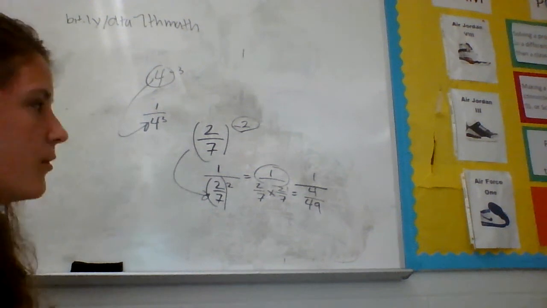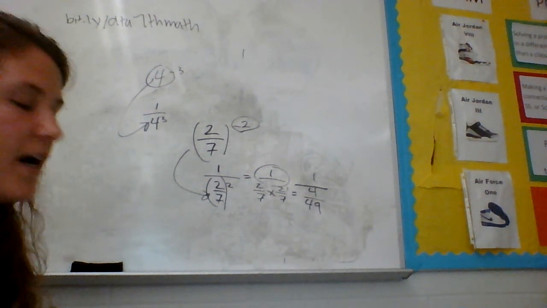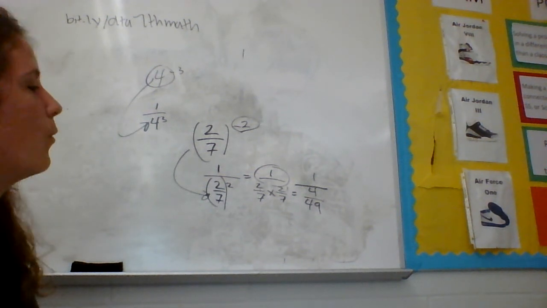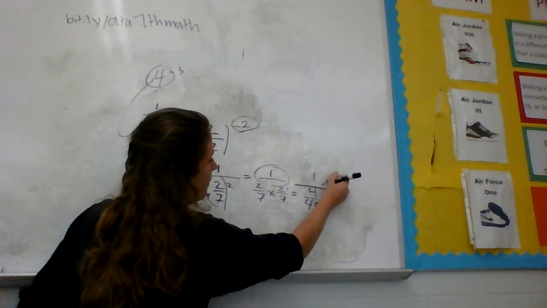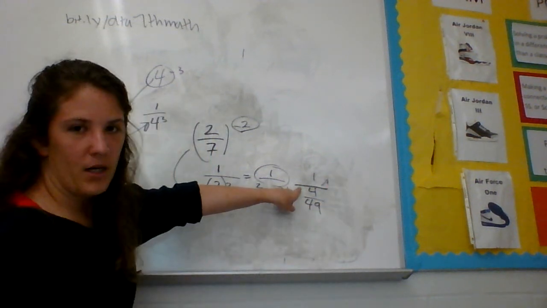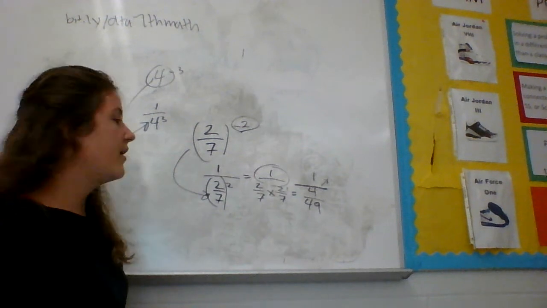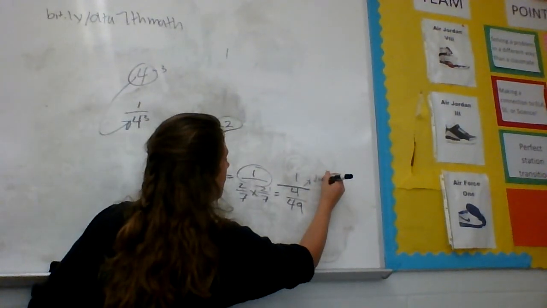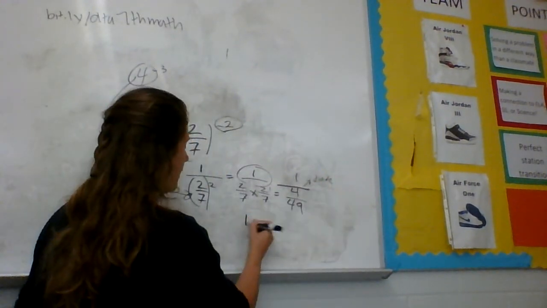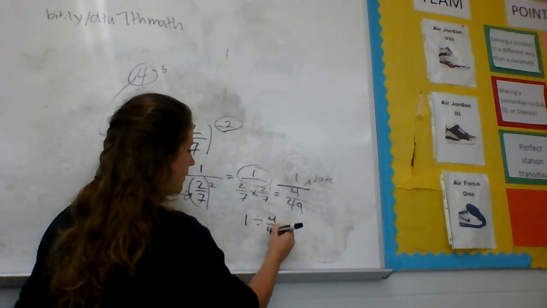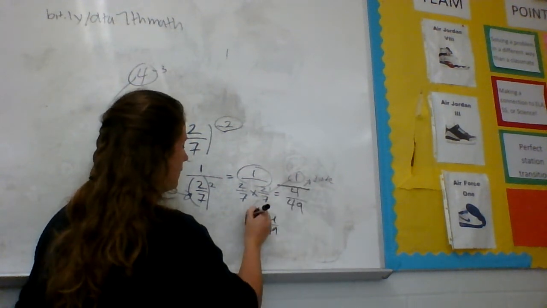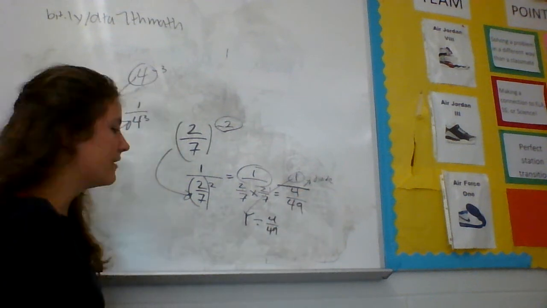Now this is a super goofy looking fraction. 1 divided by 4 divided by 49, or 1 over 4/49. I know that I have a fraction, and I know that this bar means to divide. So I know that this is 1 divided by 4/49.